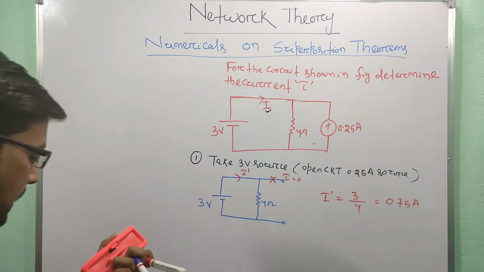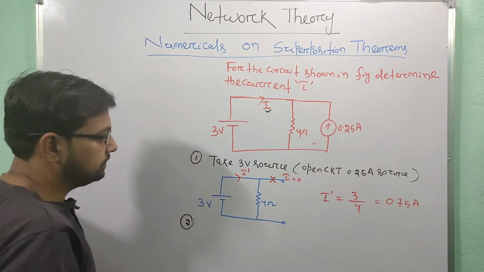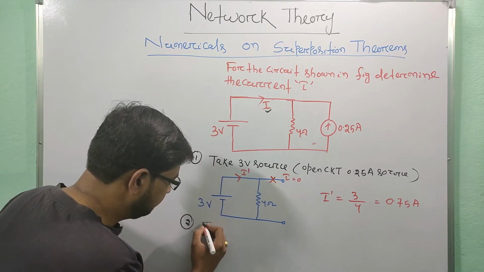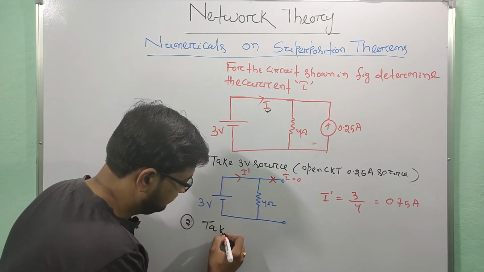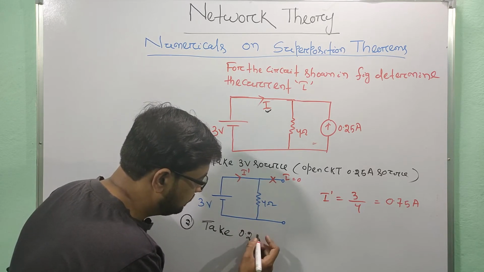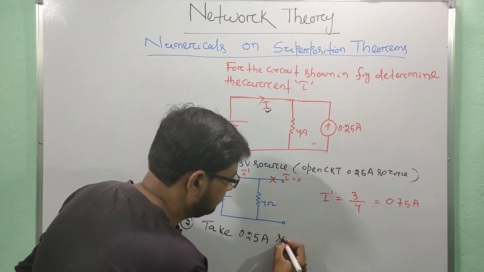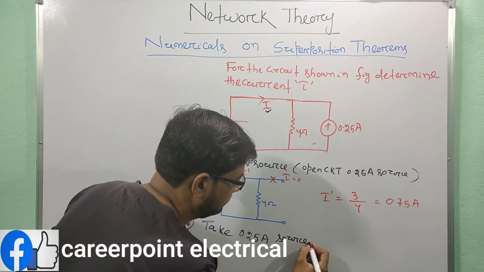Now point 2. Take the 0.25 ampere source.